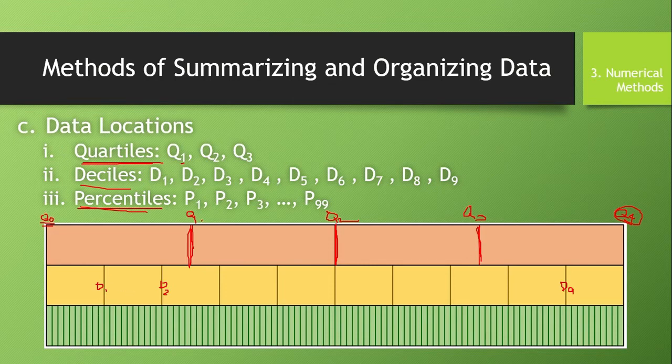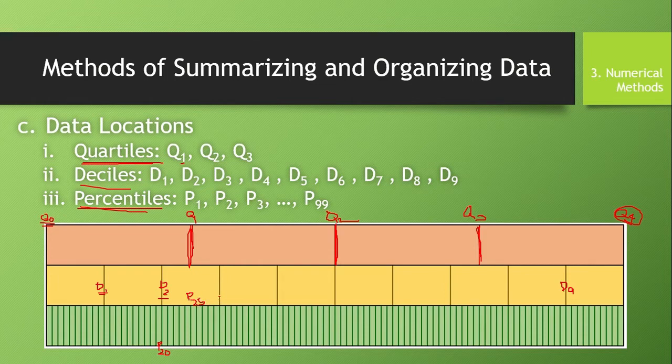Now, as you can see, we can compare these 3. Our P10 is equal to D sub 1 or D1. Our D2 is equivalent to our P sub 20 or our 20th percentile. Then our Q1 is equivalent to the 25th percentile.